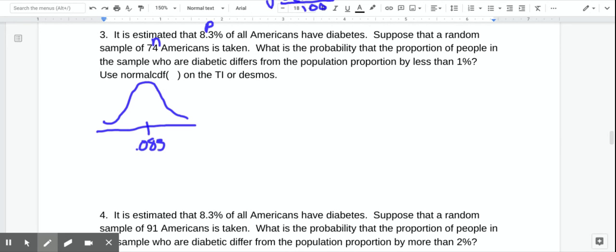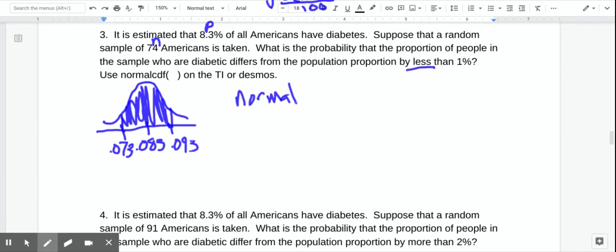And we want to look at 1% different, so up to 0.093 and down to 0.073. And we want it to differ by less than that. So we're going to be shading in between those two. So this is what we're looking for, is that region.